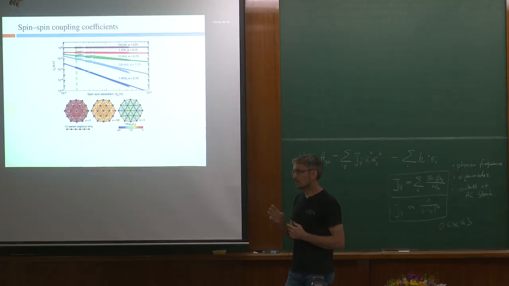I'm a bit vague here, because this is stuff that I learned when I spent a week in the lab, but it's not really my expertise. But there is a boundary: you don't have the capabilities to go beyond this value of alpha equals 3.